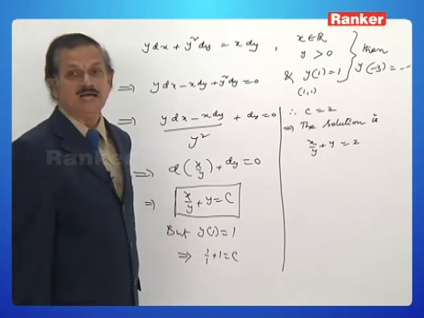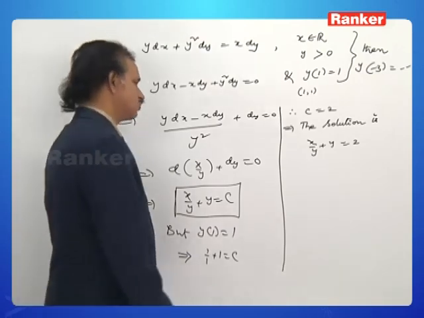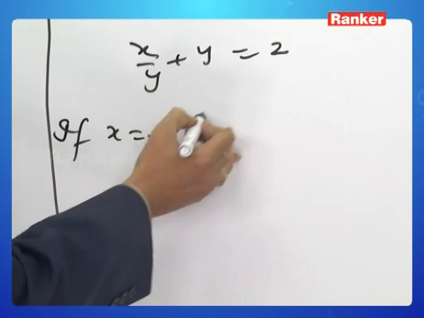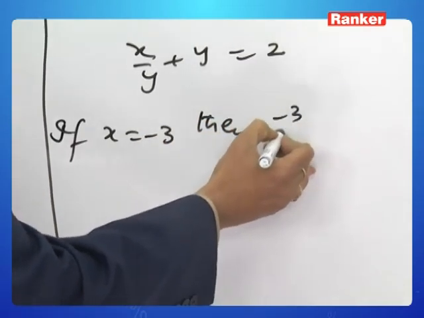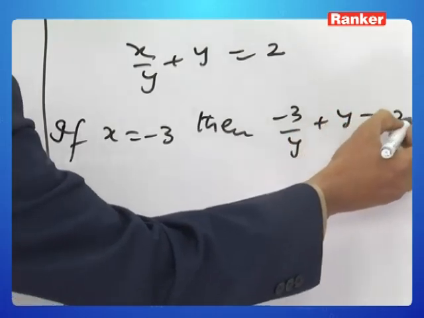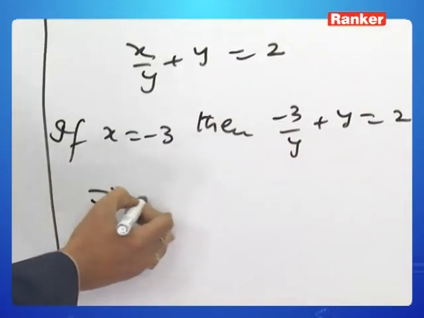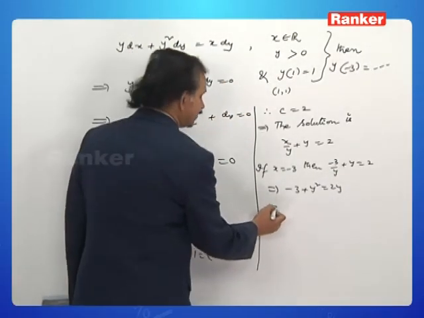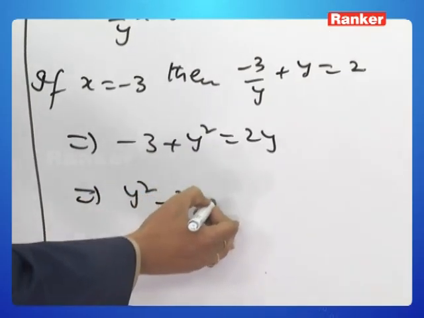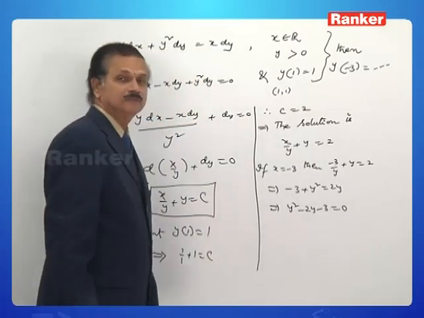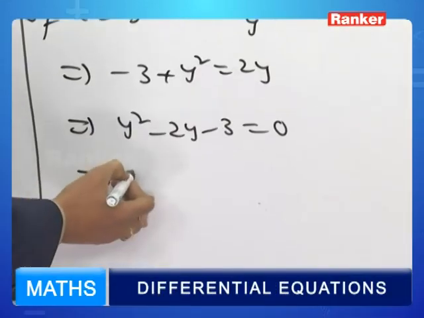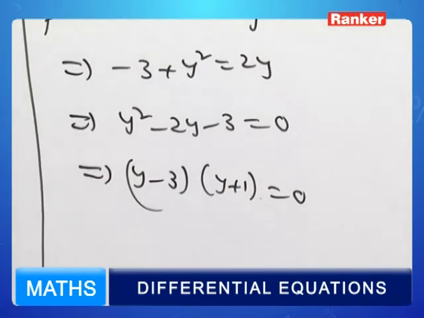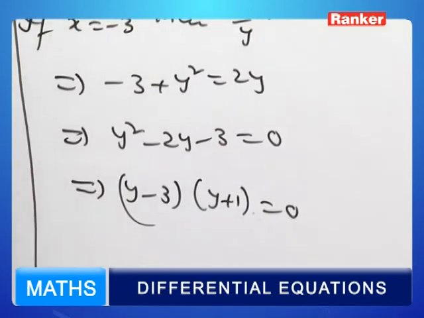And we are asked to find y at minus 3. If x is equal to minus 3, then minus 3 by y plus y is equal to 2. This implies minus 3 plus y square is equal to 2y, so y square minus 2y minus 3 is equal to 0. Implies (y minus 3)(y plus 1) is equal to 0. These are the two linear factors.